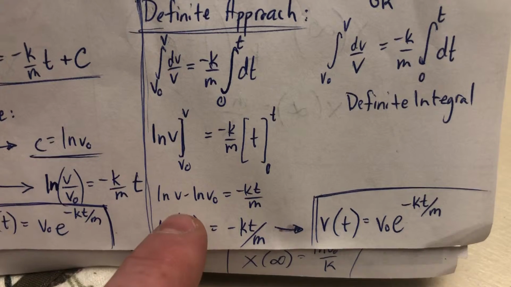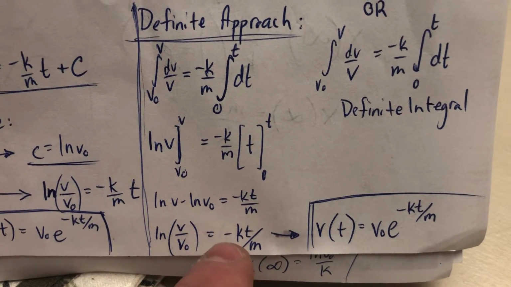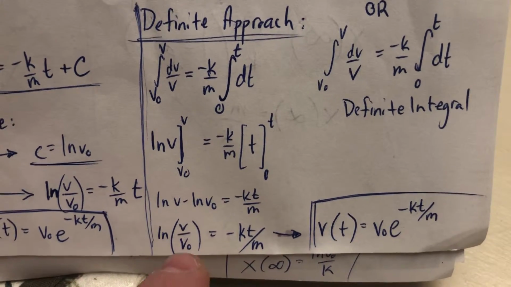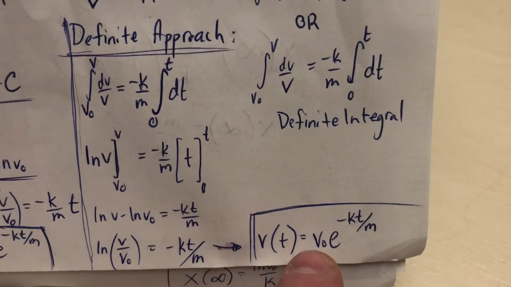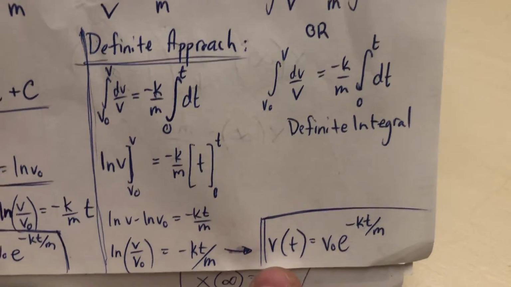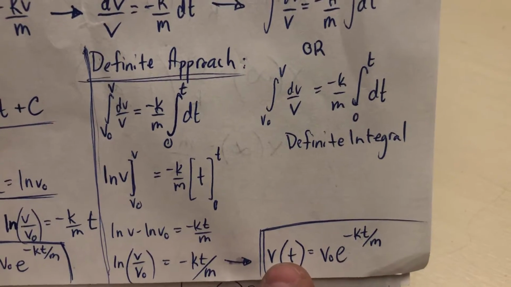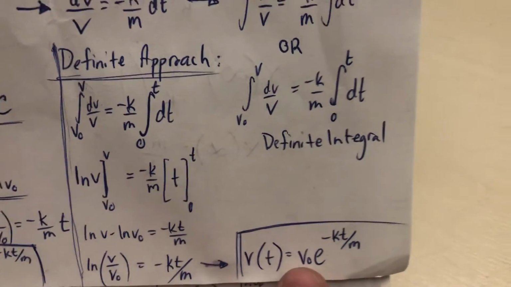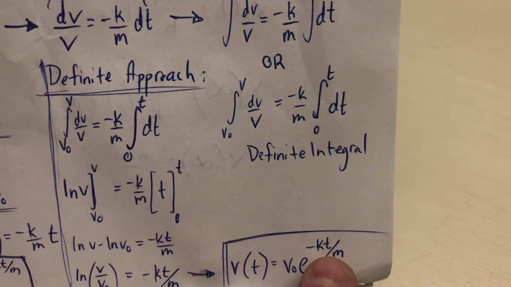So what we would have is v divided by v0 equals e to the minus kt divided by m. I just skipped one step and multiplied by v0 on both sides to move that over here. So what you end up with is v, that's this v right here, v as a function of time, is equal to v initial times e to the minus kt over m.